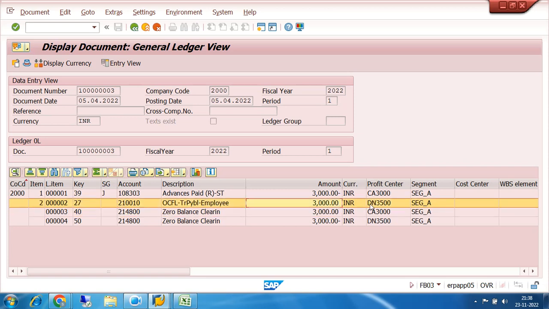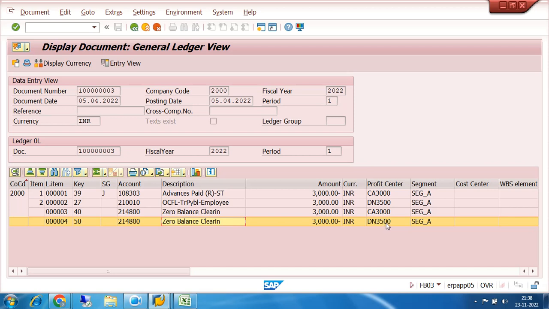Similarly, this one, DN 3500, is debited. So for the profit center DN 3500, is the document balanced? No, the document is not balanced for this profit center. So to make this profit center balanced, an extra line item is created, 3000 minus, against the profit center DN 3500.